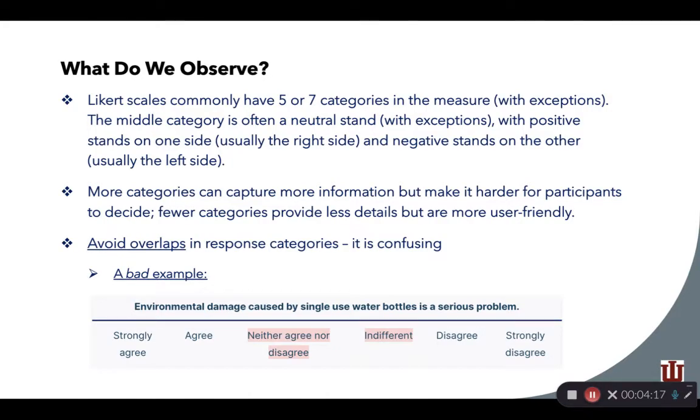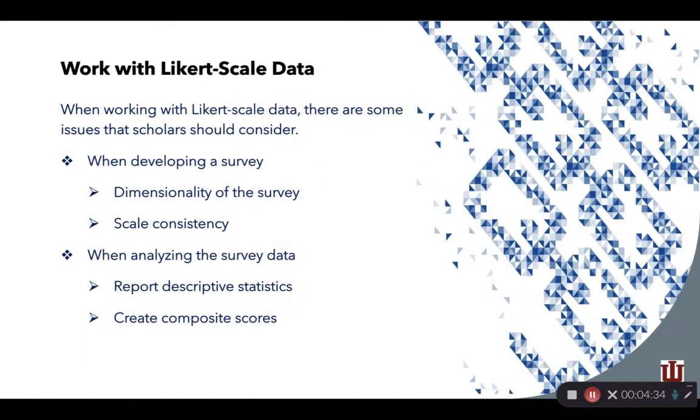For example, we have a 6-point Likert scale, but we see the 3rd category and the 4th category are actually kind of similar to each other. They overlap. So we want to avoid this type of category setting.